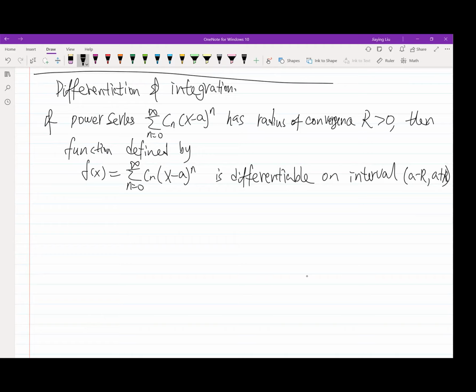Since it's differentiable, that means we can find the derivative.